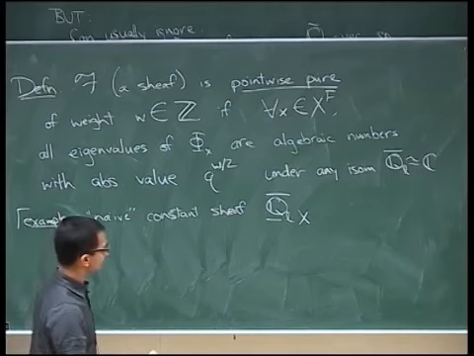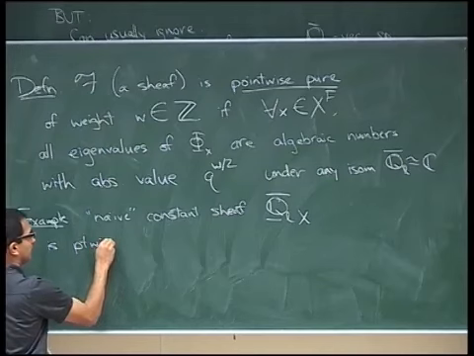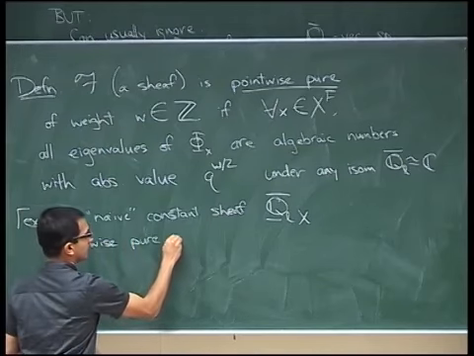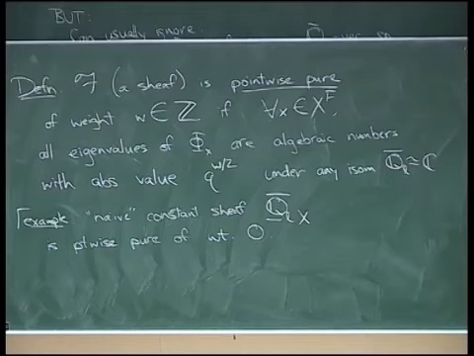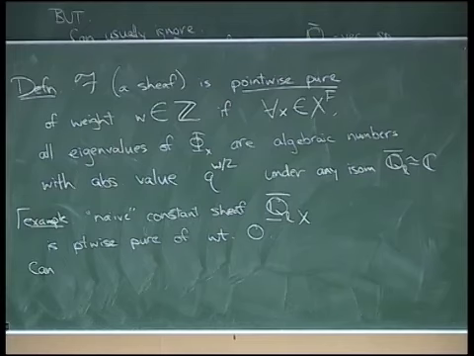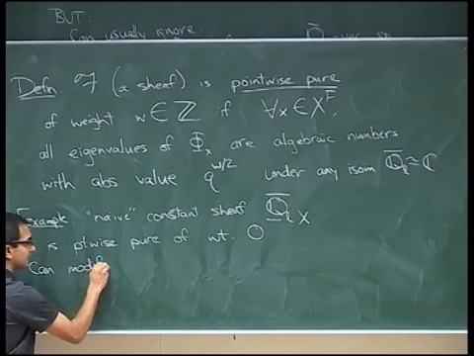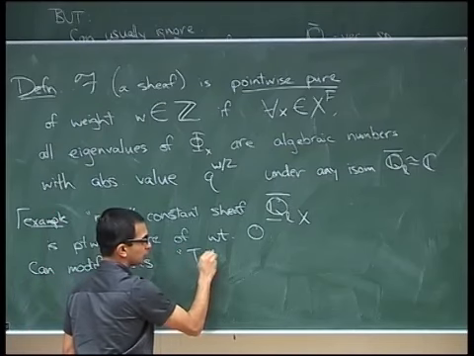The naive constant sheaf on X is pointwise pure of weight 0. But there's something you can do in this setting which doesn't have an analog in the topological setting, which is that once you have a sheaf, you can modify the action of the Frobenius on it. So you can modify its weights, and this operation is called Tate twist.